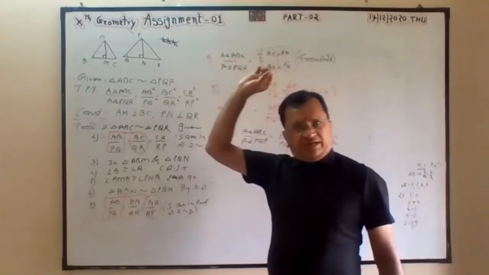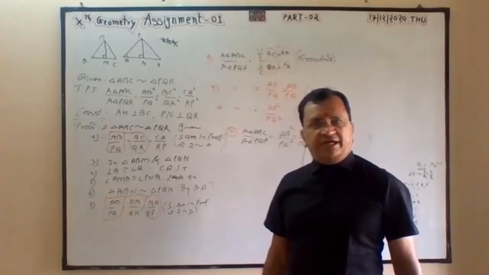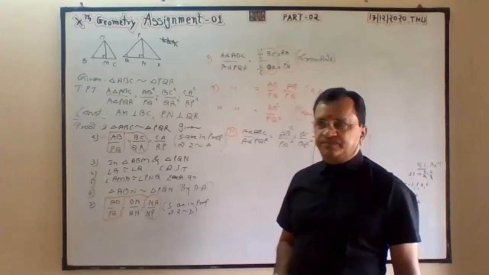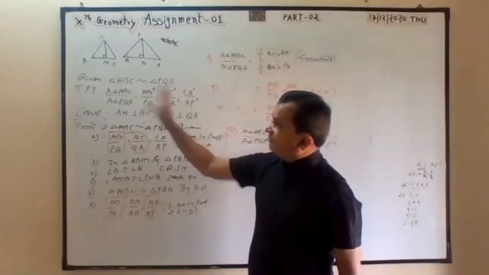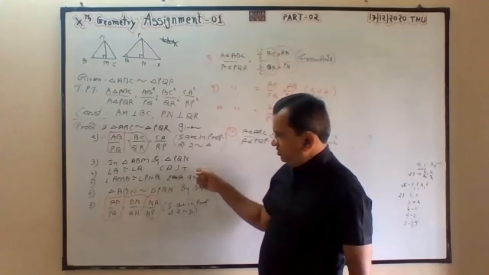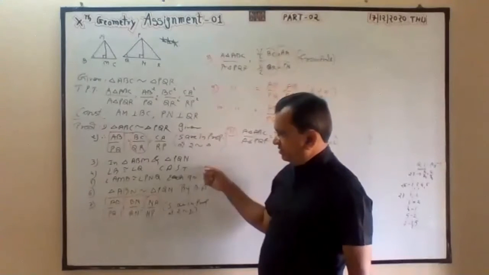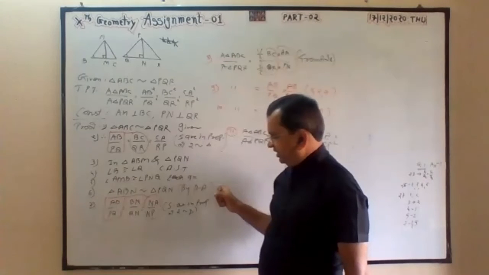So first take the full triangle, then write the respective sides in equal proportion. Then make two parts, left part similar. One angle is already congruent, the second is 90 degrees, which we constructed.